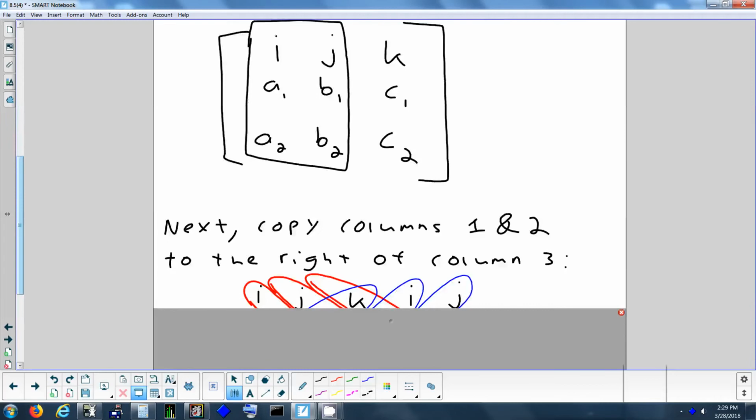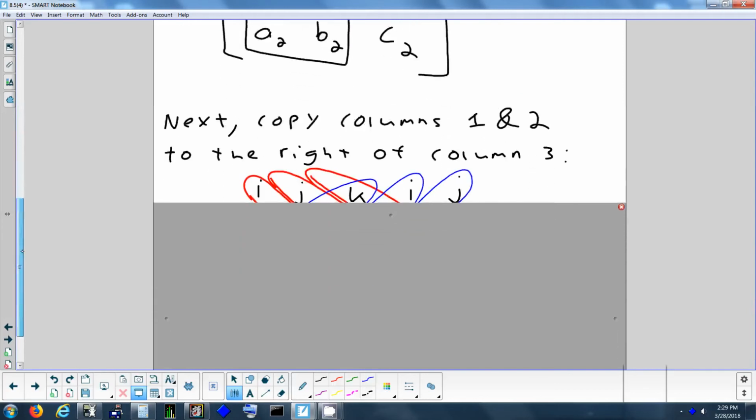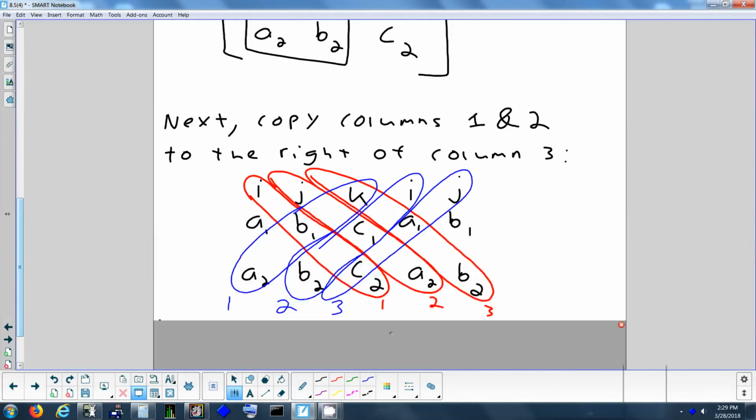Now what you'll have is another i, a1, a2, j, b1, b2. I have something circled. You can ignore the stuff that's circled on diagonals right now. All I did was circle all the diagonals, and I'll show you why in a second. After creating the copies of the columns, you should have something like that.